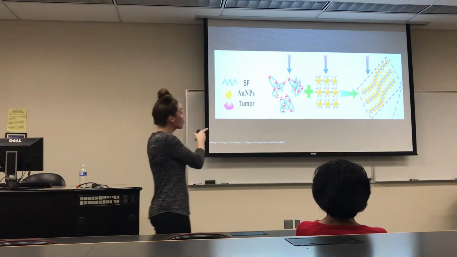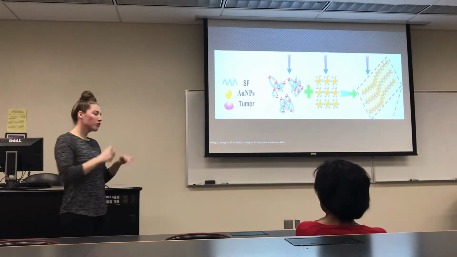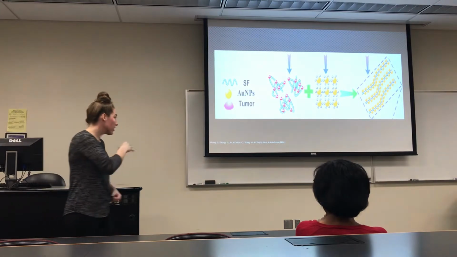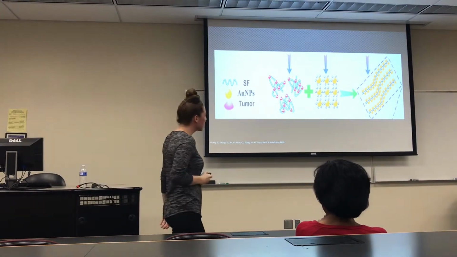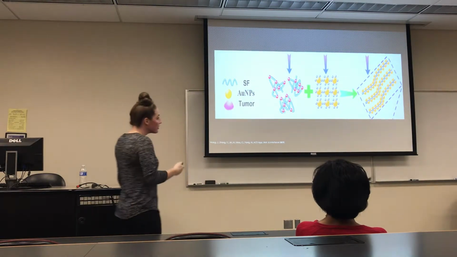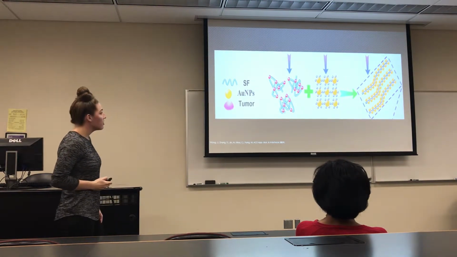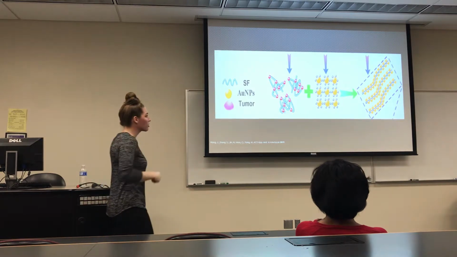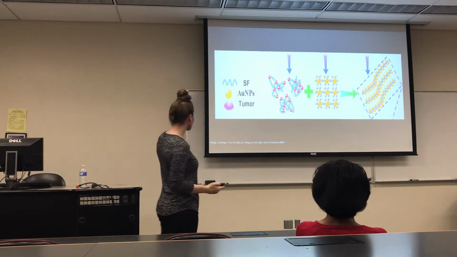The reason this will work is that, while stuff can diffuse in and out, this complex is a little bit larger, but tumor cells readily uptake material from their cellular environment. So we can get uptake into the tumor cells of a somewhat larger complex because of that.